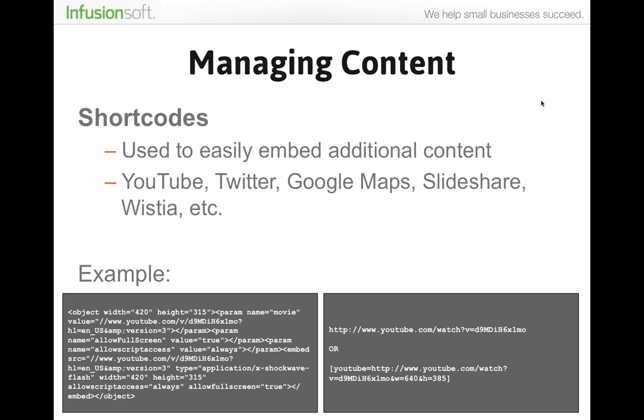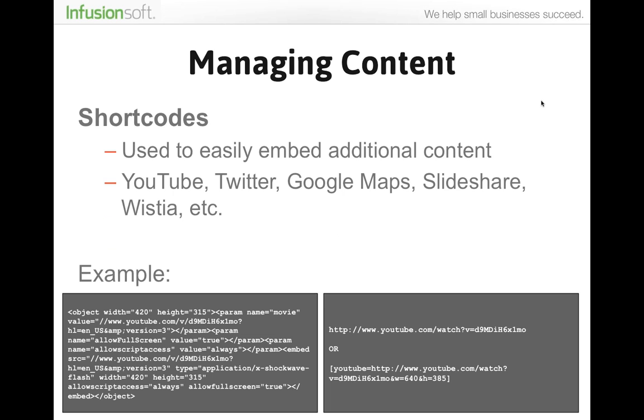Shortcodes. Now, this is getting a little bit into the weeds, but it is relevant here. So let's say that you have a contact us page and you want to have a Google map on there or a YouTube video. What you would normally have to do is go to those websites, YouTube or Google, grab the JavaScript code or the HTML code that they provide you, go back to your site, click onto the text mode of your editor, and then paste in something that looks like what you see in the bottom left corner.